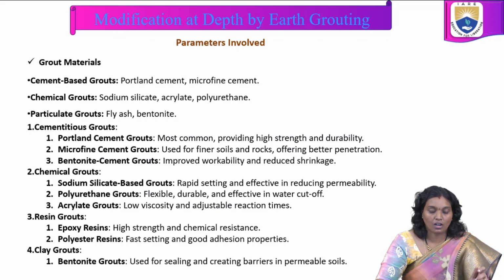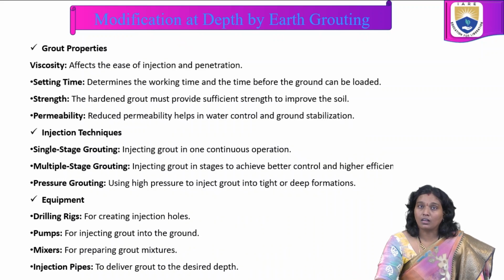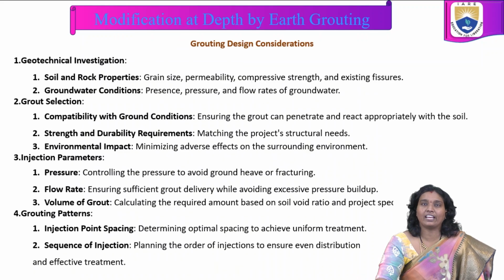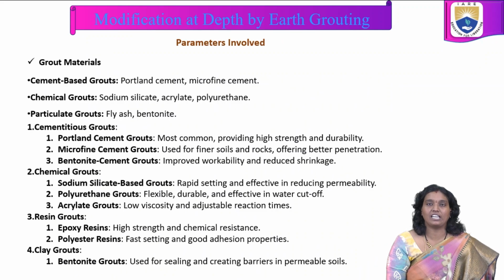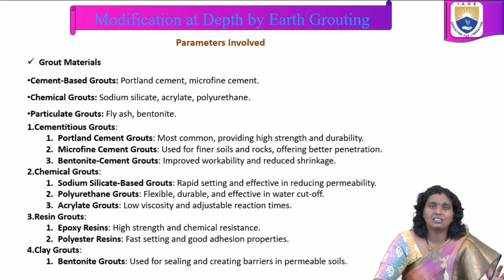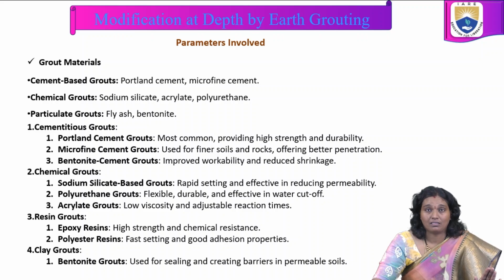What are the various parameters involved in this grouting? One is grout materials, then grout properties, and injection techniques. These are the parameters involved in modification at depth by earth grouting. Coming to the grout materials, they are cement based, chemical and particulate. These are the different types of materials we choose. For cement based grouts, we consider Portland cement and microfine cement.